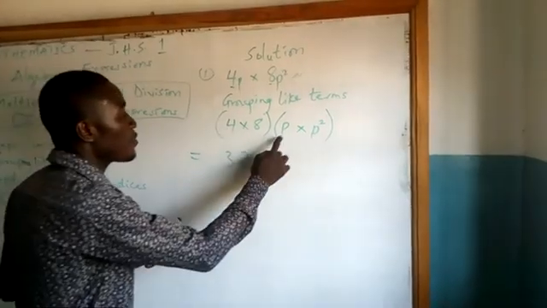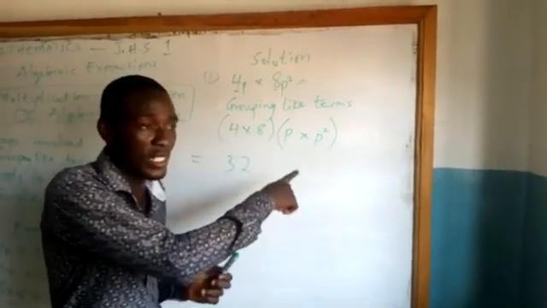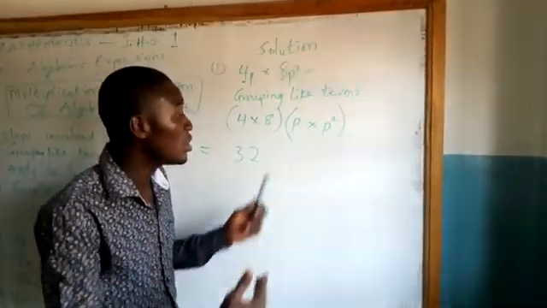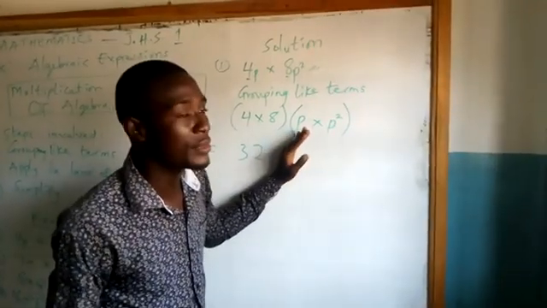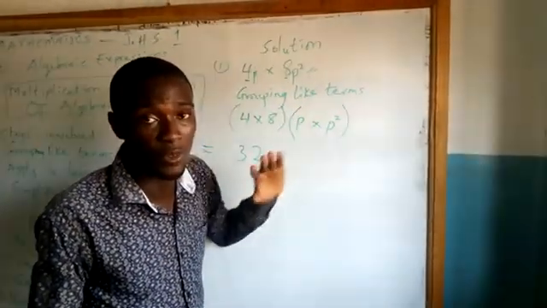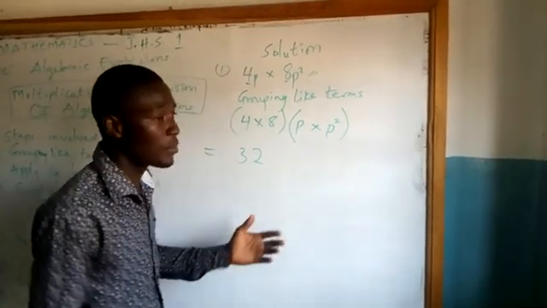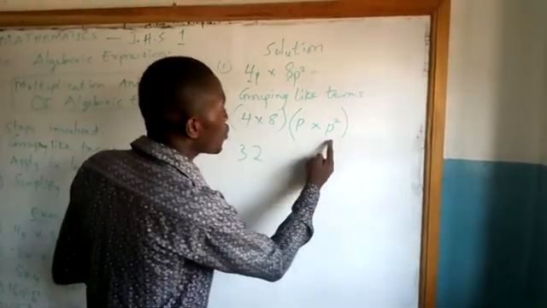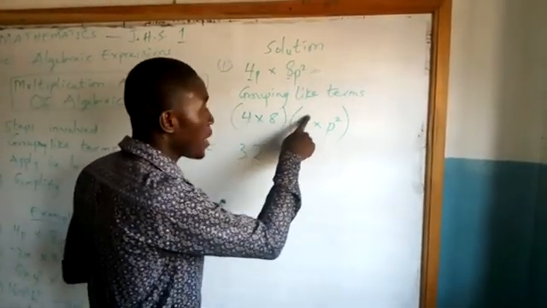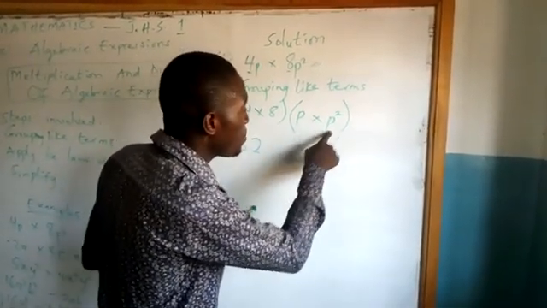Right now we have p, and anytime you see a variable without any exponent, that means that particular base has an exponent of 1. But often we ignore the power 1. So right now we have p power 1 and then p power 2.